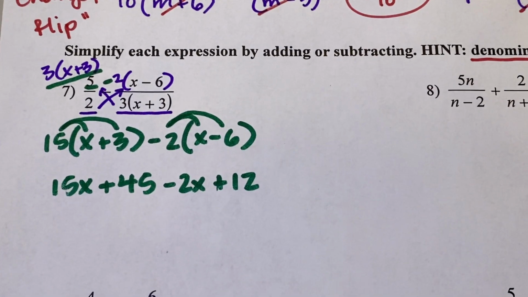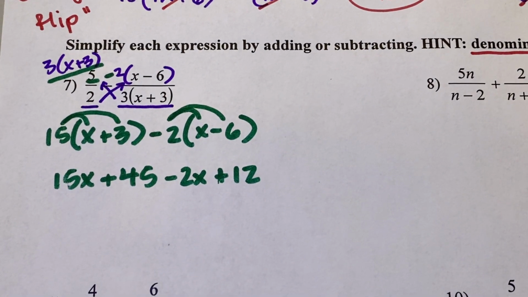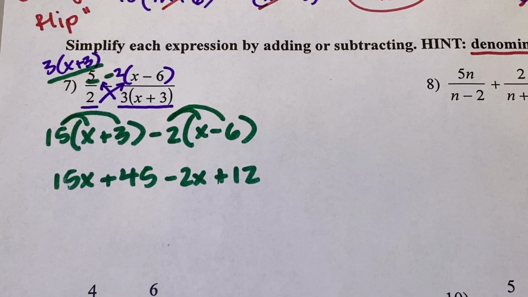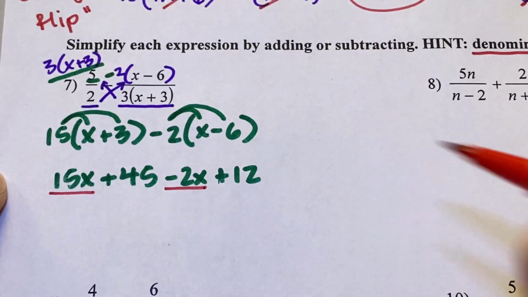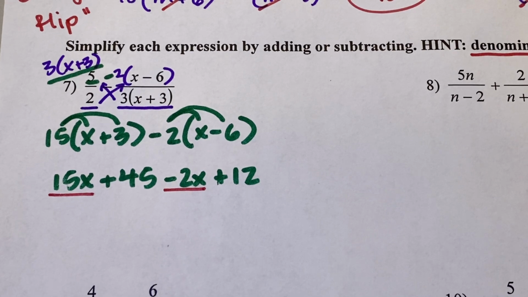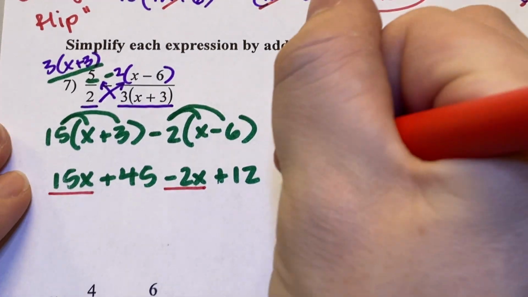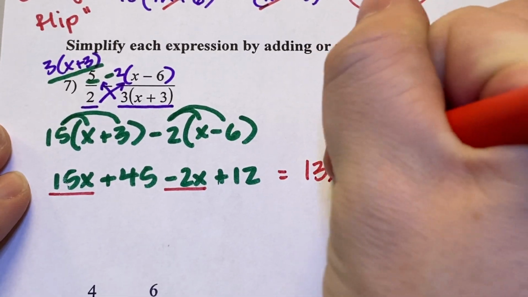Okay, and there is our numerator. All we've got to do now is combine like terms. So where are my like terms that I can combine here? 2x and 15x. 15x subtract 2x is going to give me how many x's? It's going to give me 13x.